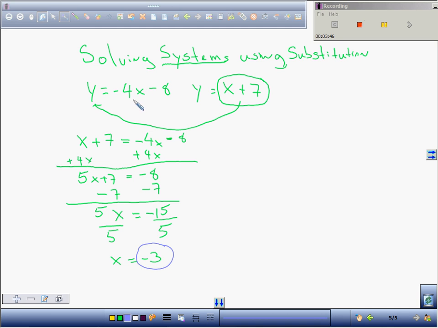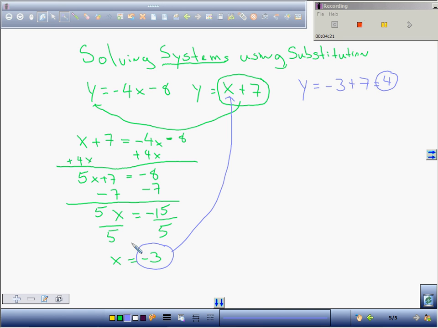Which one, Elise? The second one, right? It's easier to take that negative 3 and just plug it in there. And when I do that, I get y equals negative 3 plus 7, which equals 4.